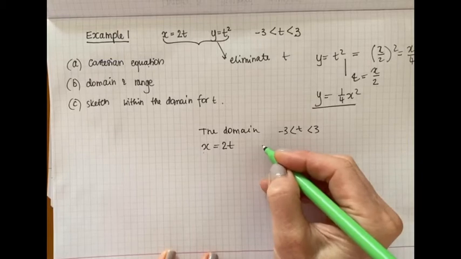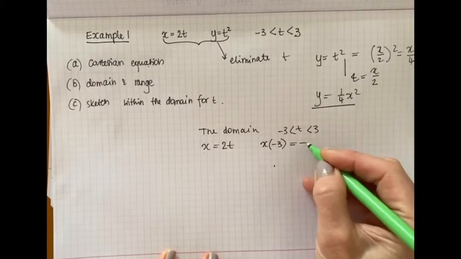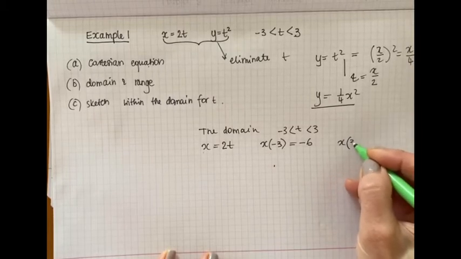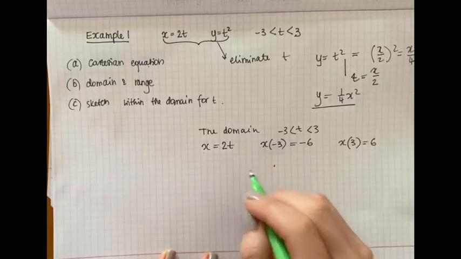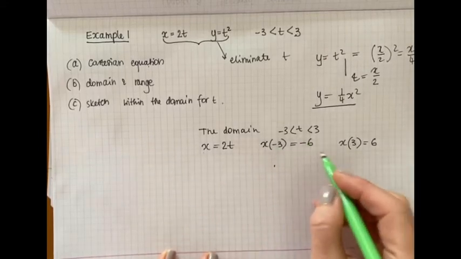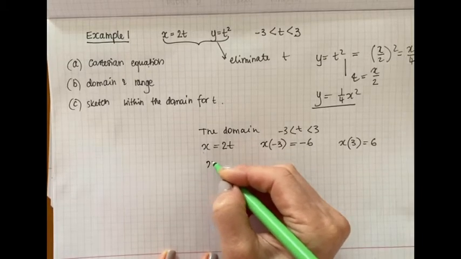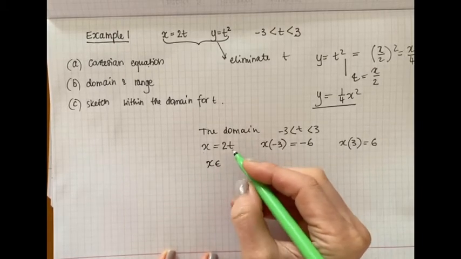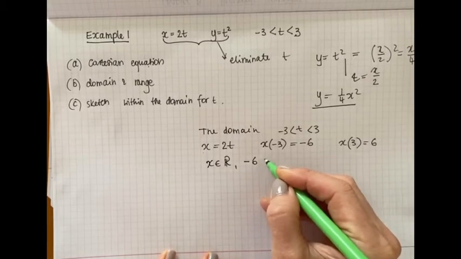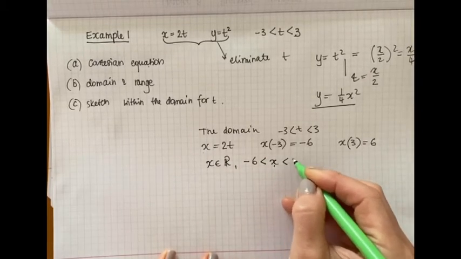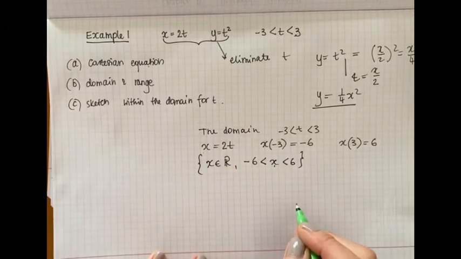You can see that t of -3 will give me -6, and t of 3 gives me 2 times 3, which is 6. Since it's a linear function, all the values between -6 and 6 are the domain. So the domain is x belonging to the set of real values between -6 and 6, if you want to write it in set notation.